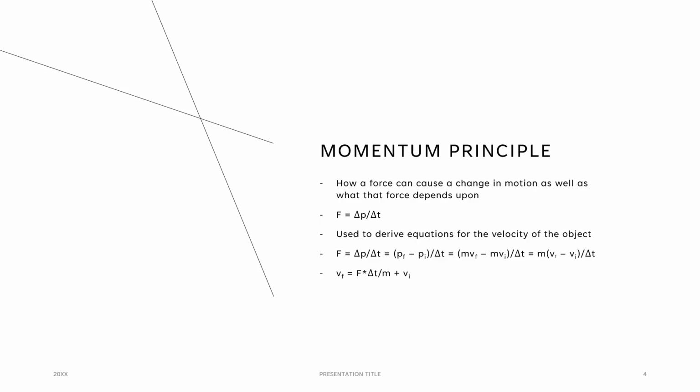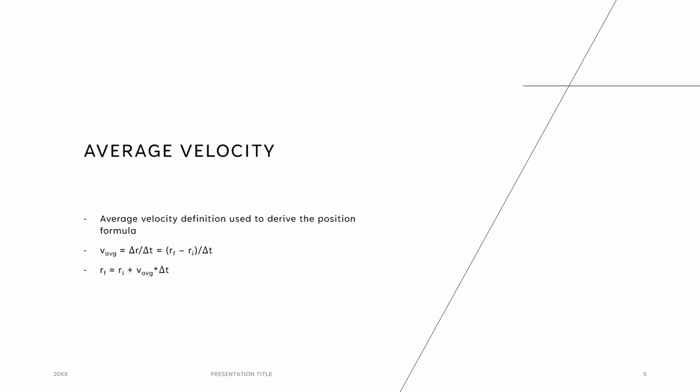So first I use the momentum principle, which, the definition is just right here, and then the formula is right here, and then using that I derive the velocity update formula, which is shown right here. And then I used the definition of average velocity as well as this formula to derive the position update formula right here.